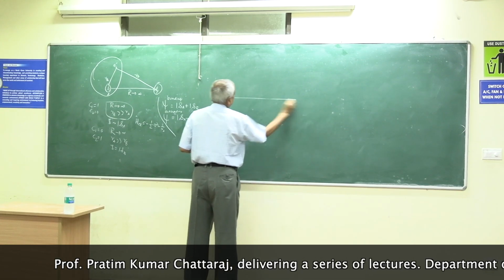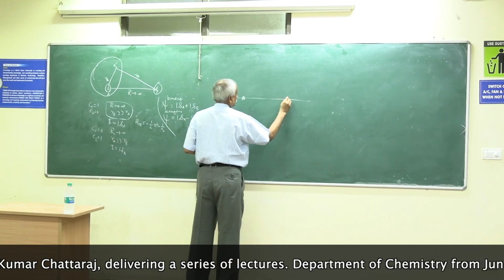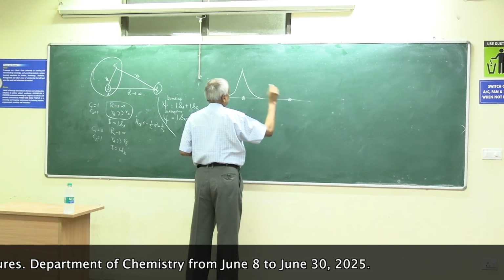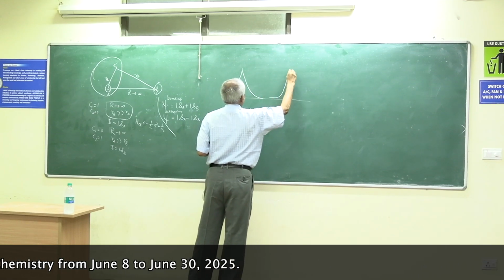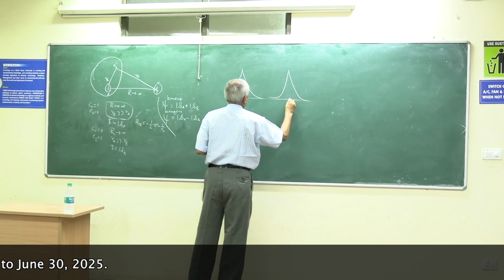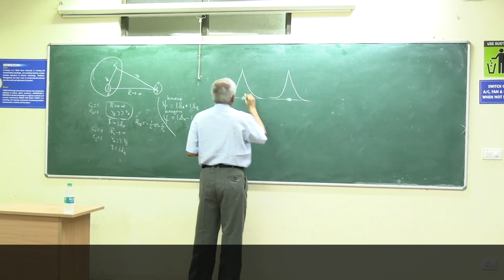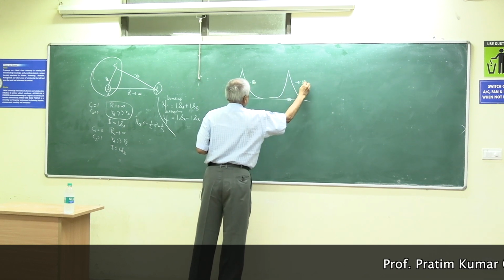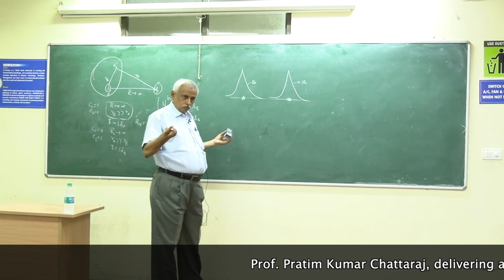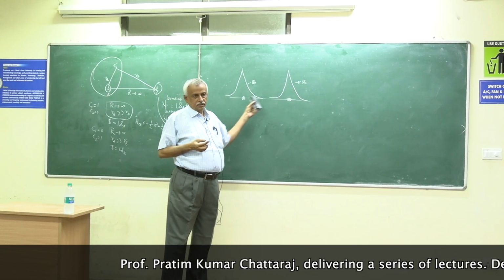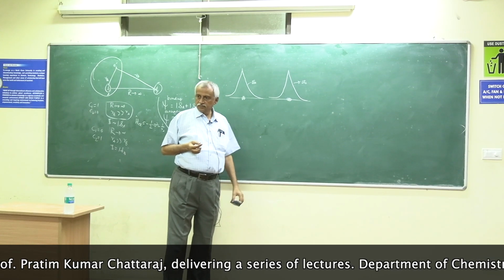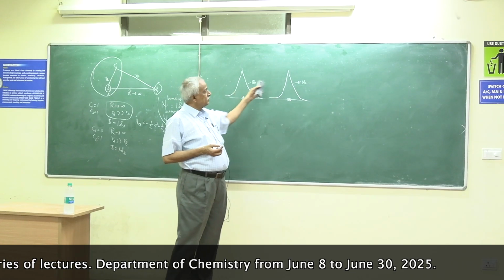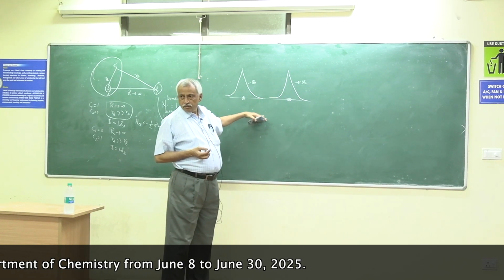First, this is your 1sA, this is your 1sB. If you see the plots, the radial behavior of 1sA is like this, and 1sB is like this. Now, if I take 1sA plus 1sB, both are on the positive side.